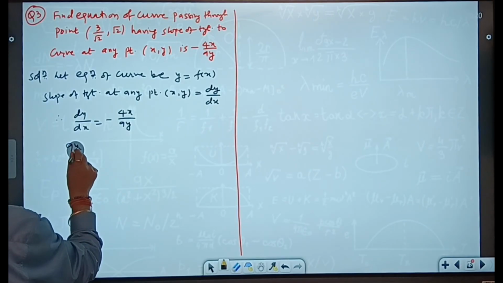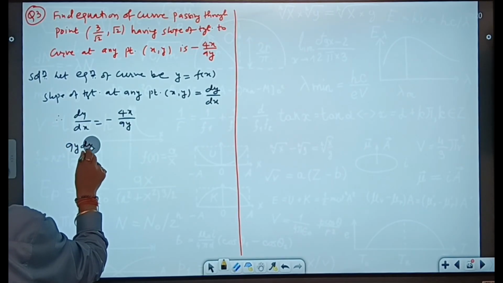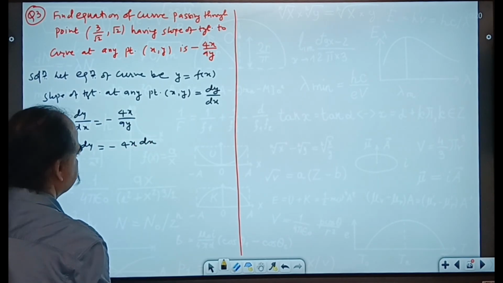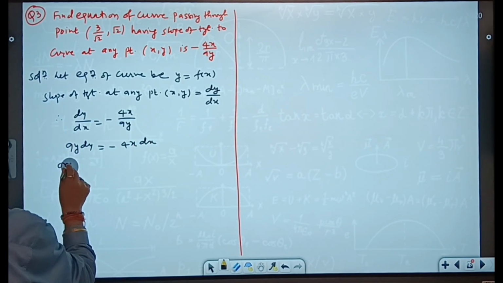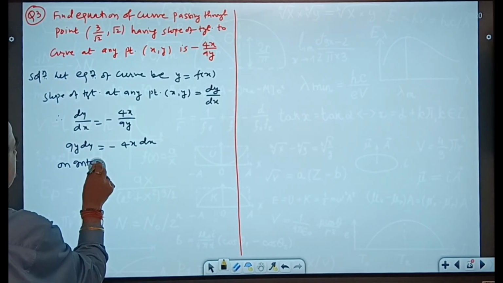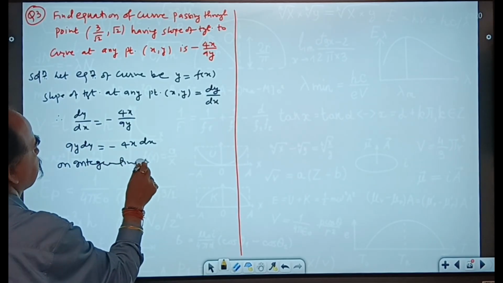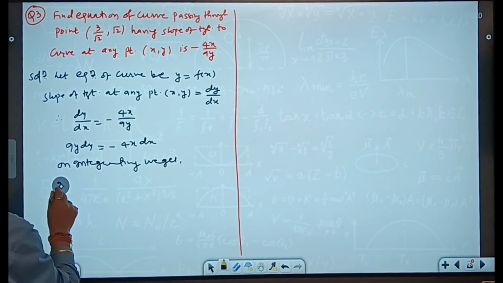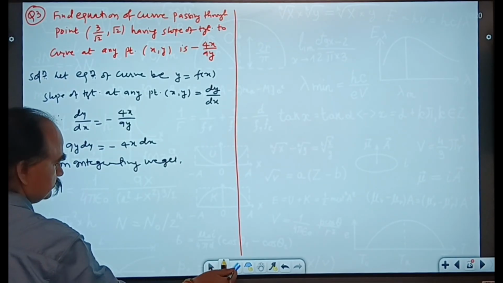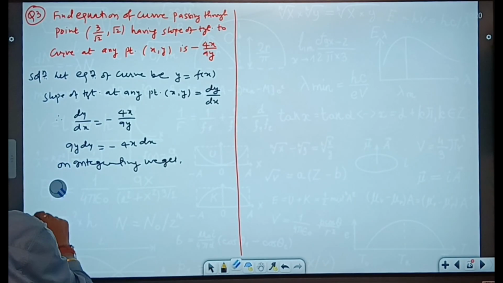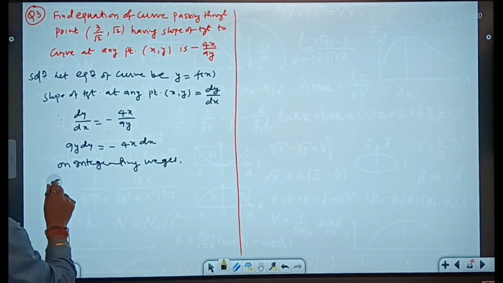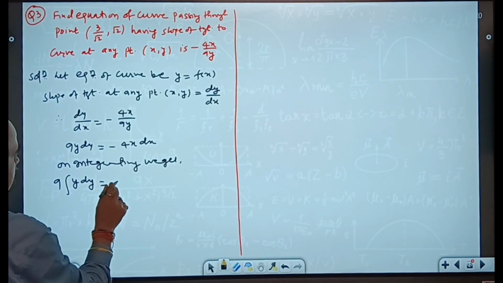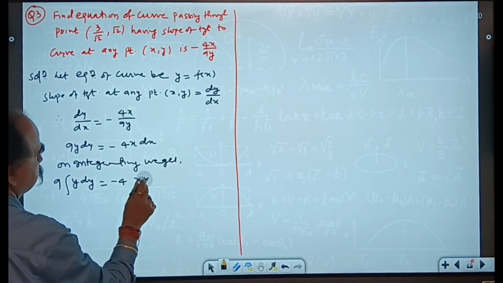So 9y dy is equal to minus 4x dx. On integrating, we get 9 integral y dy is equal to minus 4 integral x dx plus c.